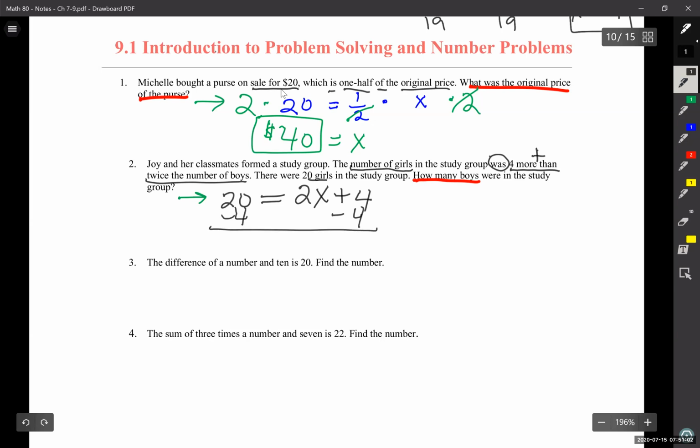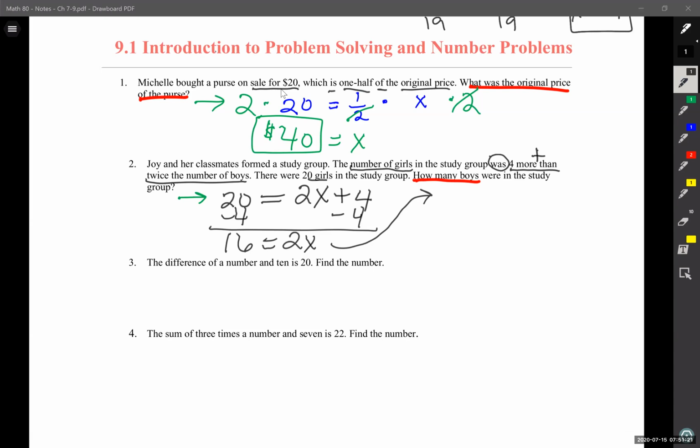Some of you can do that in your head and go straight to 16 equals 2x. I'm running out of room because I'm writing extra large today since I have my tablet up and down instead of laying down, but that's okay. So again, you might just jump to the answer. You might say, oh, I know that's 8 because it's 2 times x equals 16.